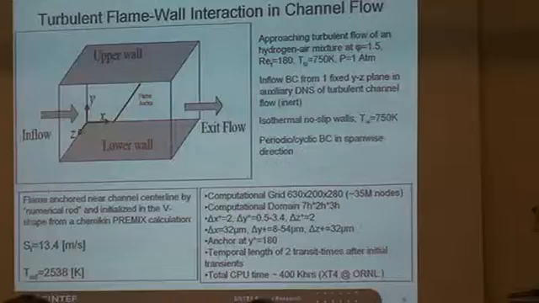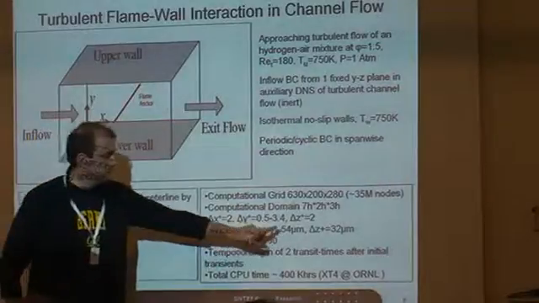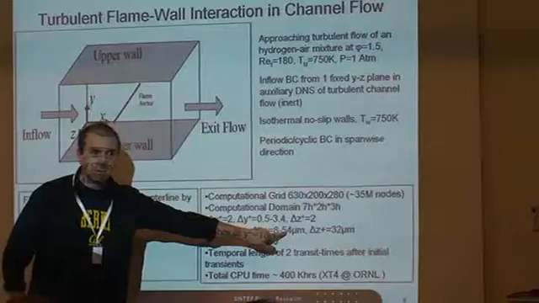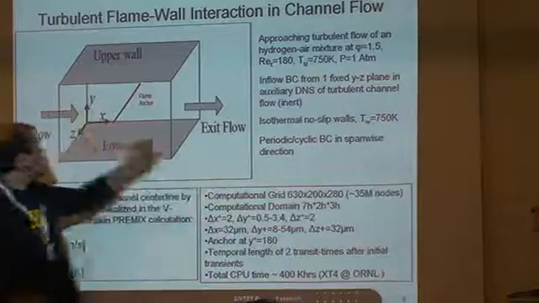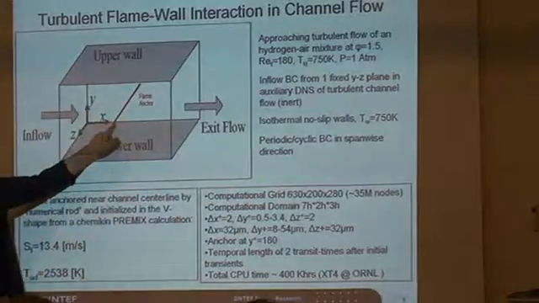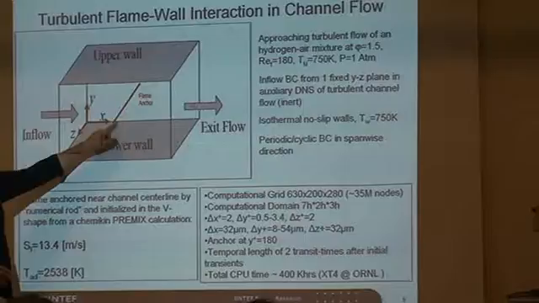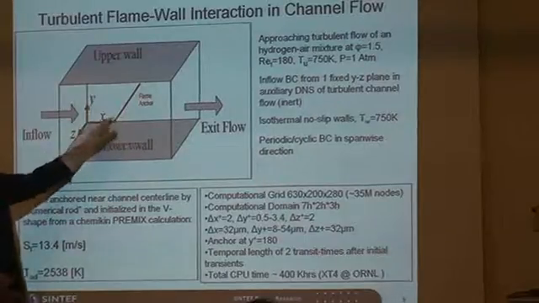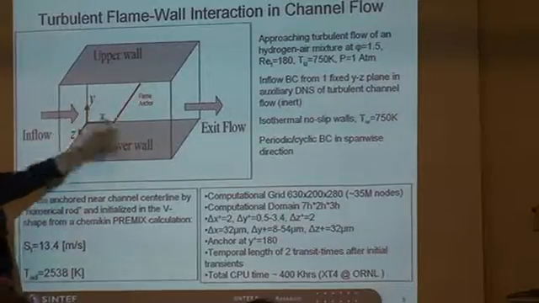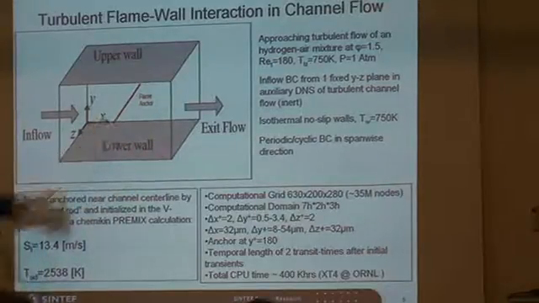What I said was about this, not about this. Because the grid is stretched, it has a lower resolution at the center line. At the same time, at the center line I have an anchor which messes it up a little bit anyway. So the flame is slightly unresolved in this region, but we are interested in the flame-wall interaction, so we do not care so much there.